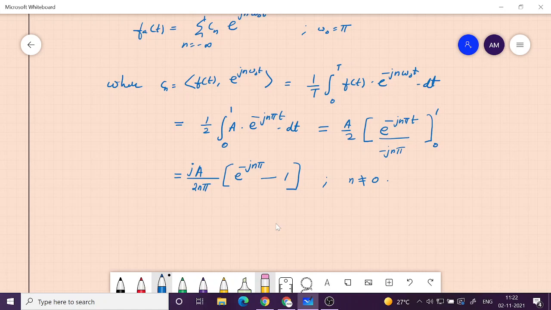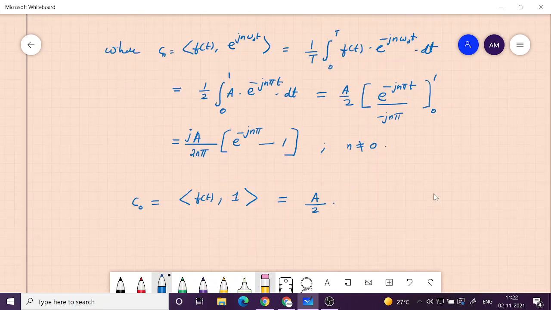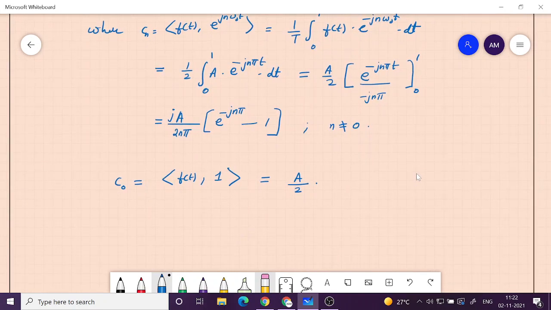So C0 we need to find out, which is f of t, because when I put 0 there, it will be this. So this we have already found out in trigonometric Fourier series, and we got it as a by 2. Same expression. So now we got all the cases.